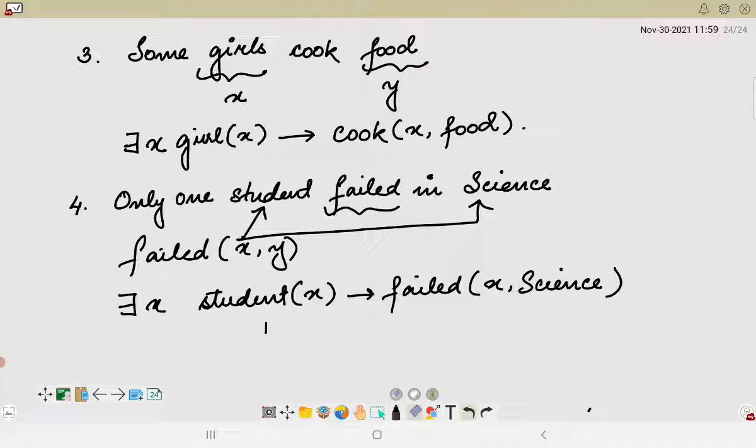Now we can also categorically symbolize, or we can represent that mathematics is also not a generic subject, but it is a special case of the subjects. Okay, so that we will be discussing more when we will talk about free and bound variables. So as of now, we have seen how we can represent some of the complex sentences using predicate logic.